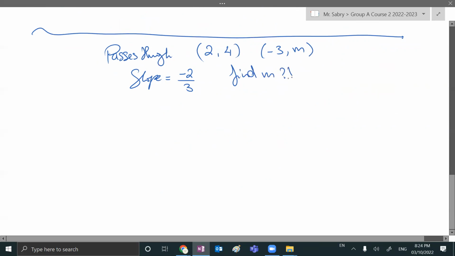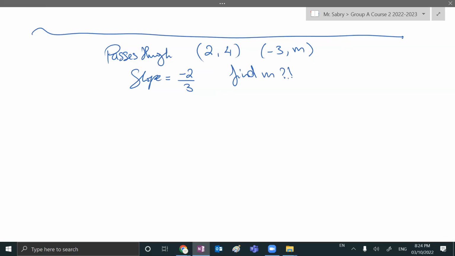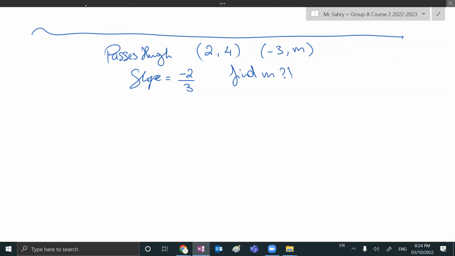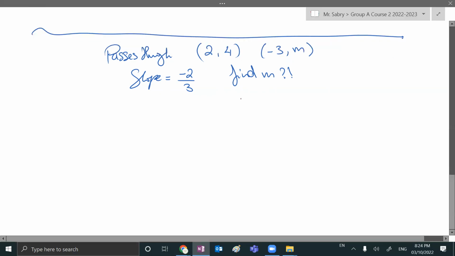So how do we think about such a question? Whenever we see 2 points and we see the word slope, linear functions, right away. Okay, what do we think of whenever we see the points and the slope? How do we calculate the slope using points? Start with what I know.